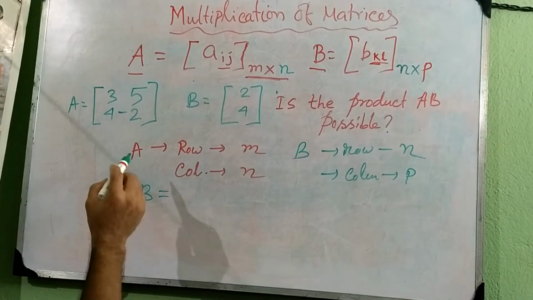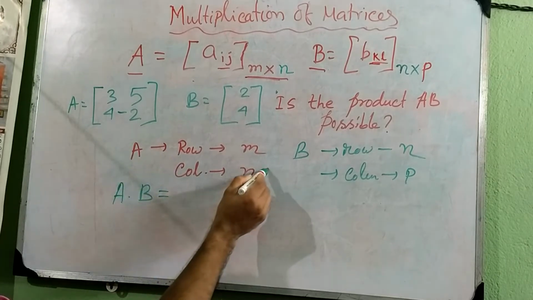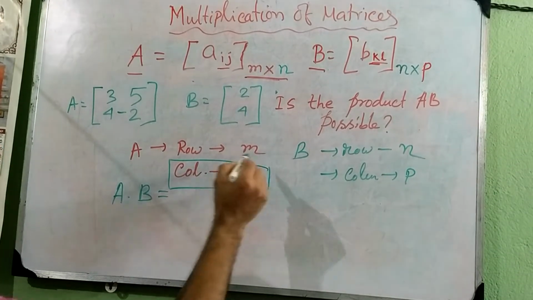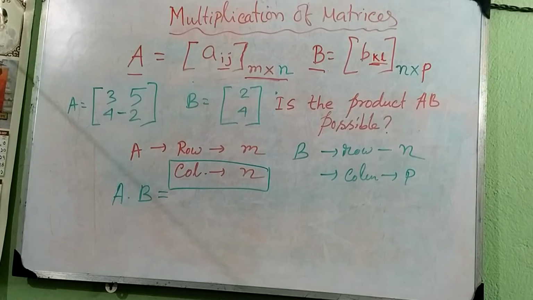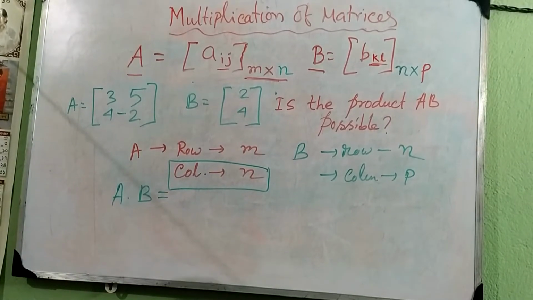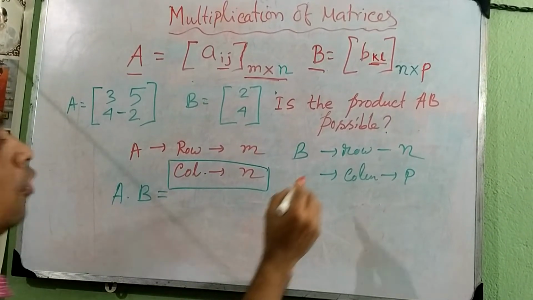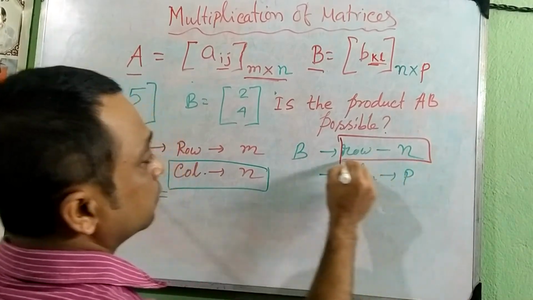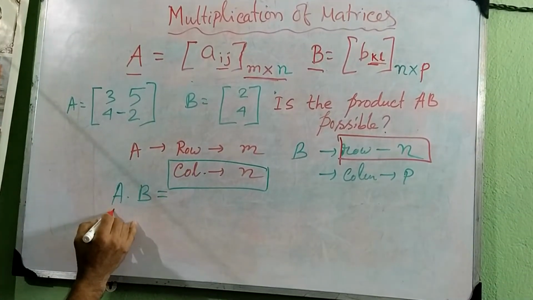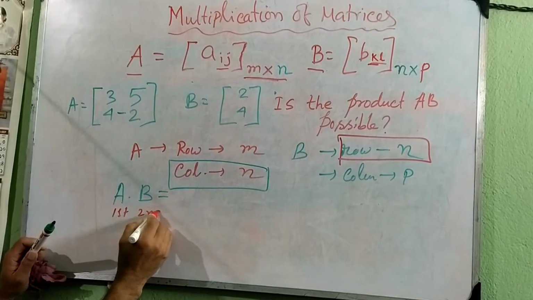Now it is said that the product AB is possible if and only if the column of the first matrix is equal to the row of the second matrix. This is the first matrix, this is the second matrix.